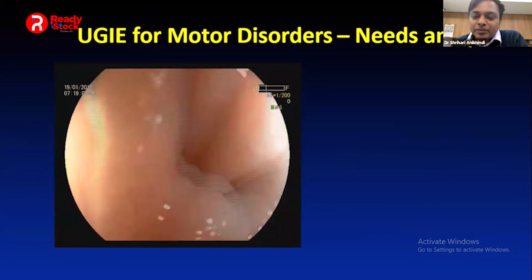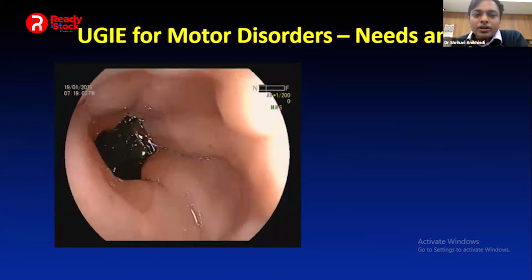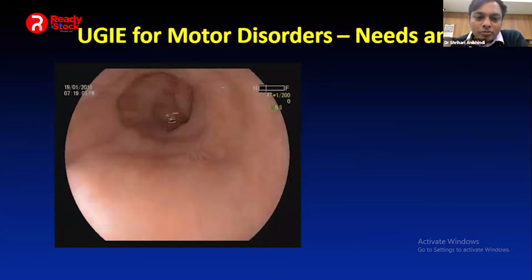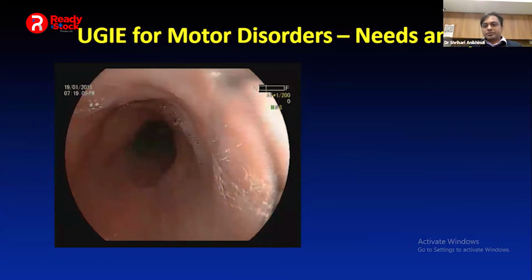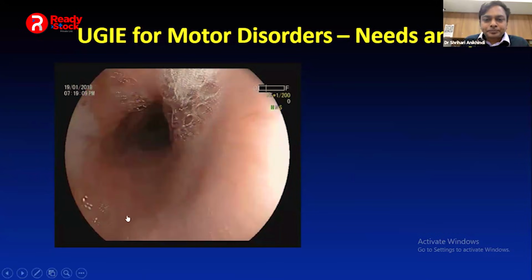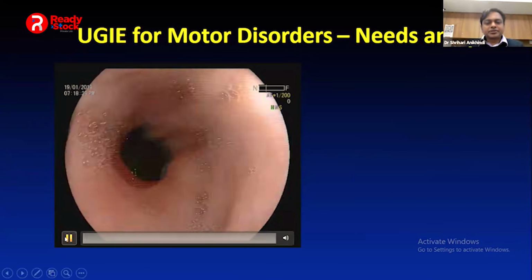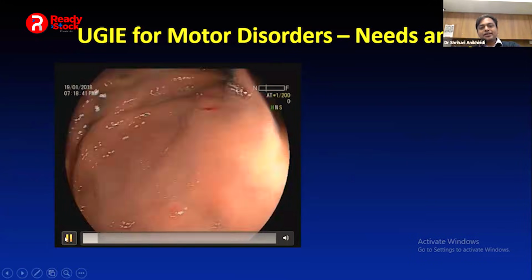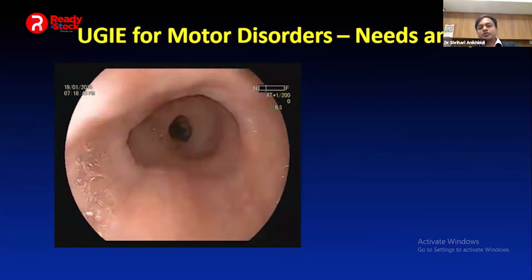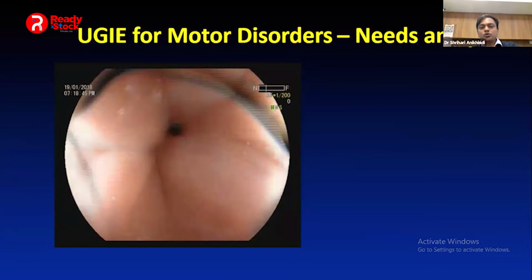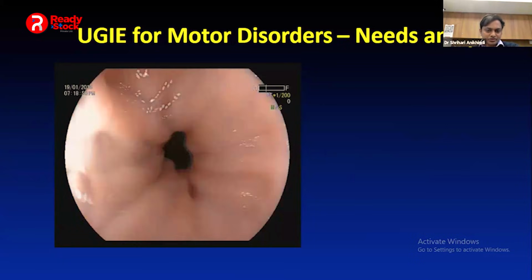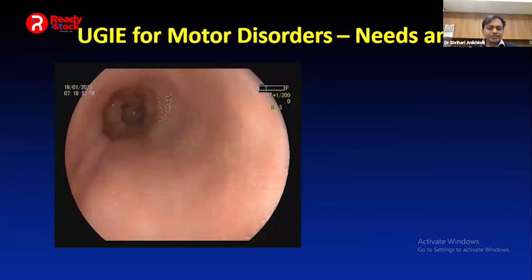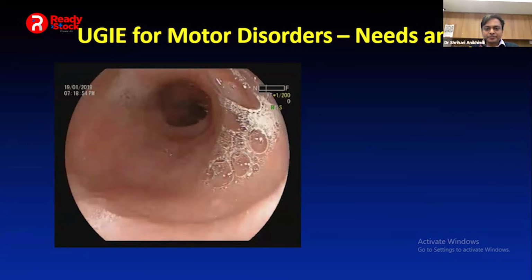We have come across so many cases with an endoscopy being reported normal, even by the most experienced gastroenterologists. So I think it is important that we all realize that for any patient who comes with non-obstructive dysphagia, don't rely on your endoscopic diagnosis always. There are very subtle findings that we tend to miss.